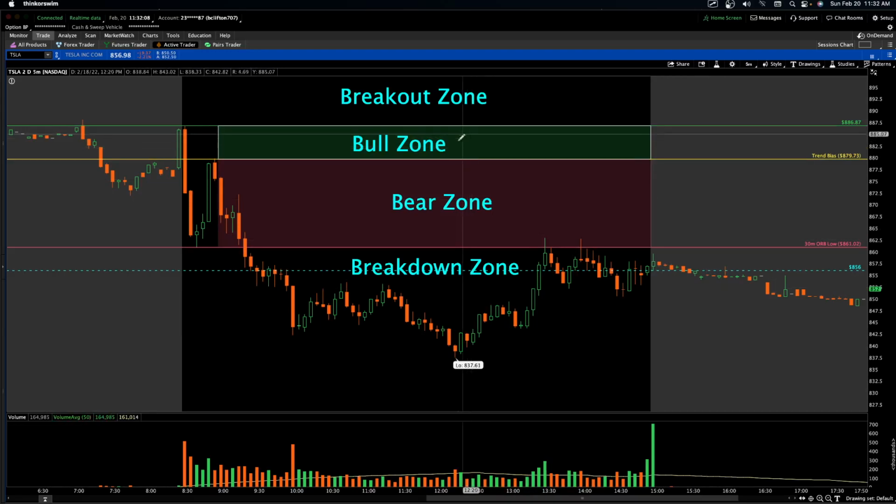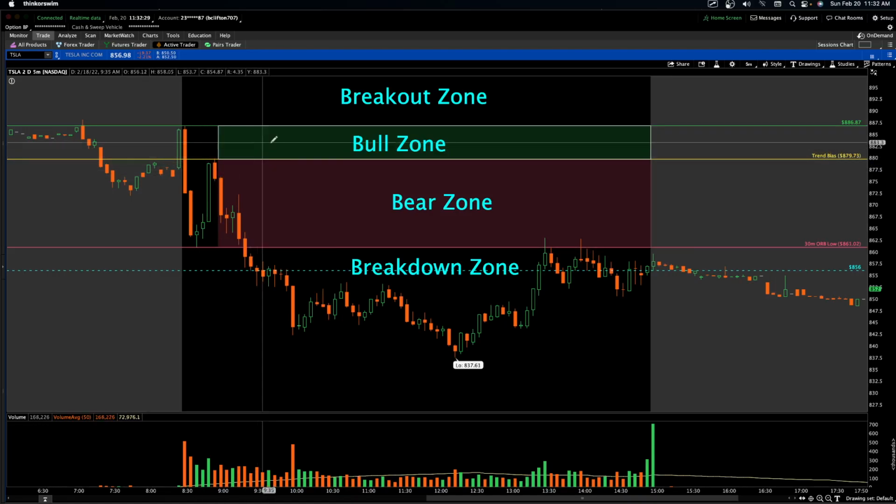So basically, when we're trading in this zone, keep in mind these zones are based off of that trend bias, right? They're based off of that first 5-minute middle candle. So once we're trading above that base, we're a little bullish, right? That certainly makes sense because this was the middle of that.